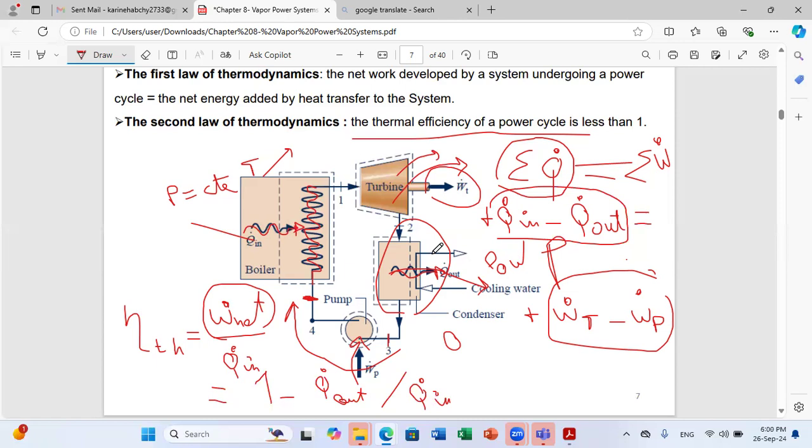So if you are able, for example, to use 90% of this Q dot out to heat water, the new efficiency after heat recovery, if you want, we can talk about heat recovery efficiency. Then you will have not only useful W dot net, but also useful heating.